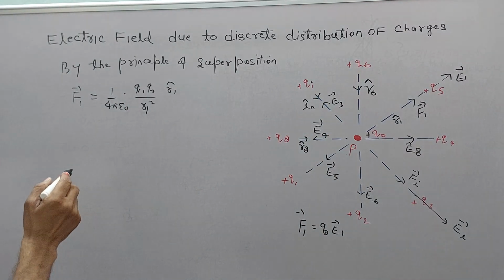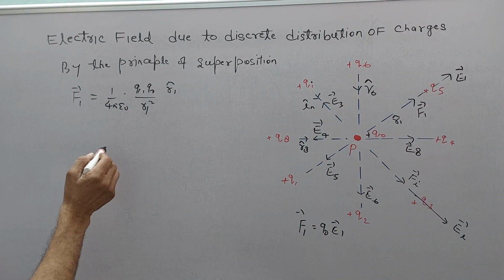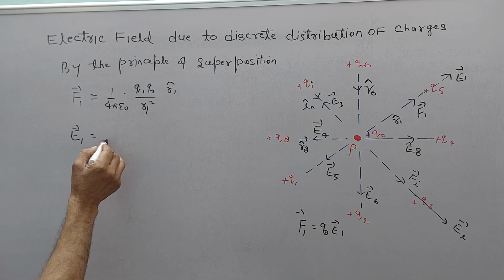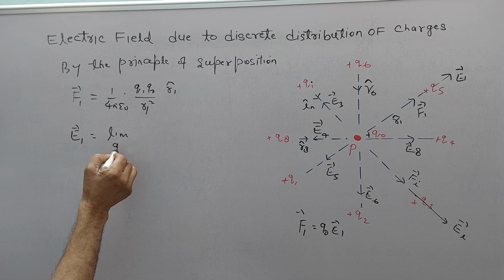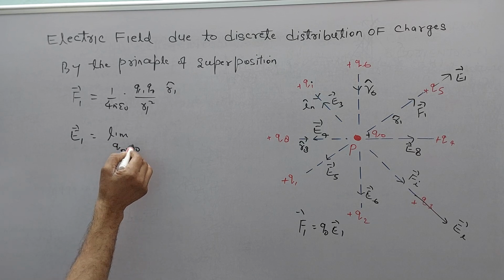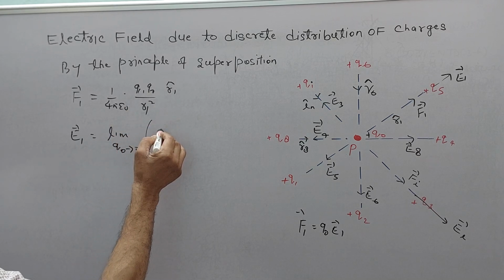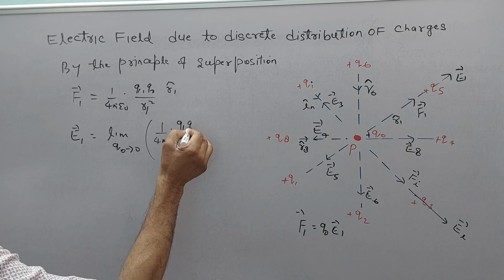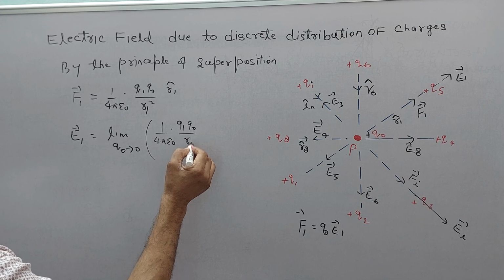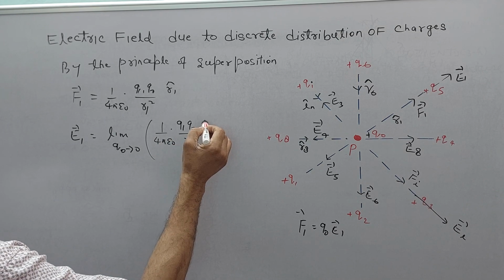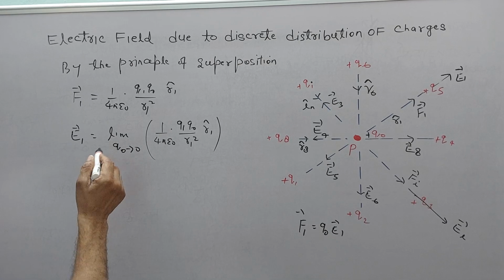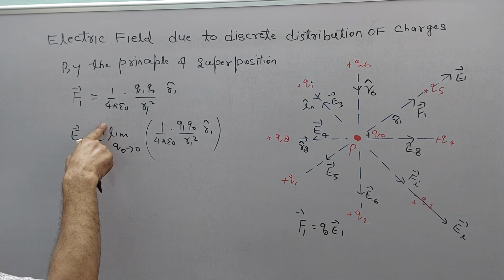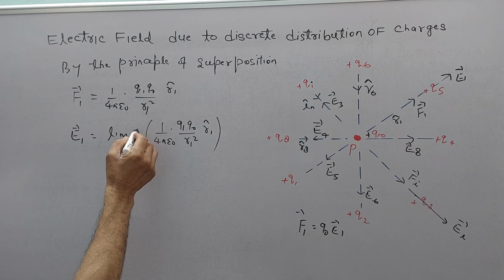By the definition of the electric field, E1 is equal to the limit as Q naught tends to 0 of the force divided by Q naught.